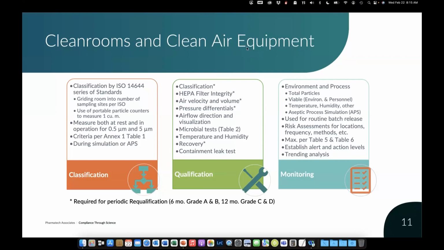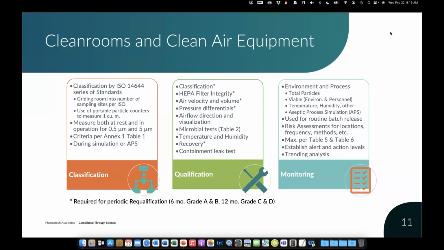So you would do it during a simulation, a water run or something like that. It also indicates that if you're doing a reclassification, you may be doing that reclassification during an aseptic process simulation or a media fill.